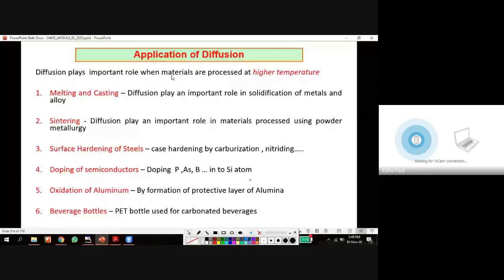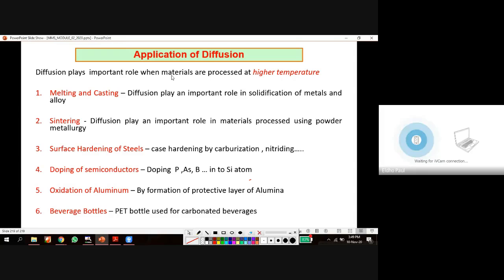So commonly, if you want to change the microstructure or the impurity, or the position of the solute and solvent atoms, we process the material at a very high temperature. So in all heat treatment processes, we heat above the recrystallization temperature. At that temperature, the atoms get a very high amount of energy and diffuse from their positions.